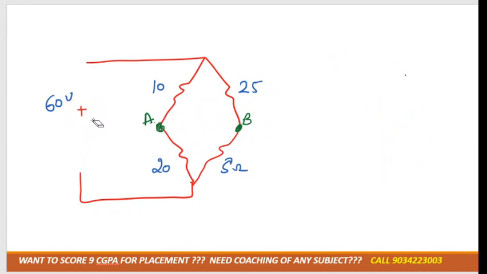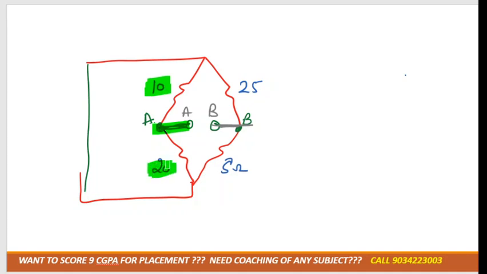Okay, I'm removing it and it would be short circuit. Okay, now tell me, you are standing at A. You have to move towards B. So 10 ohm and 20 ohm are your friends. 10 and 20, are they in the same path or at different paths?